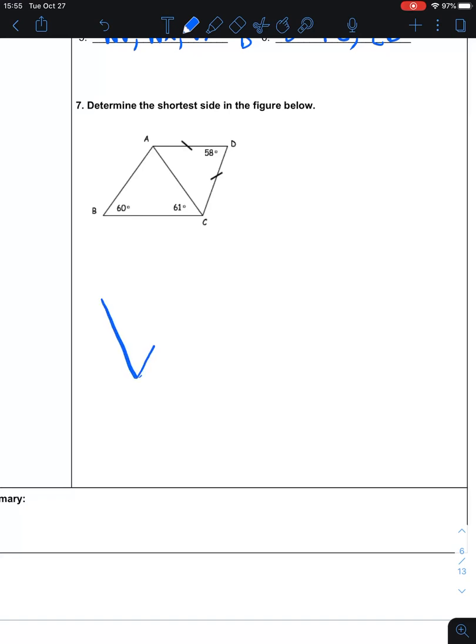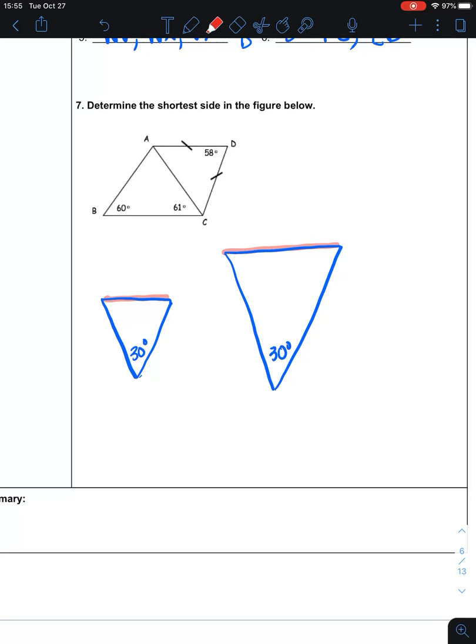Now, one of the things you need to realize is, just take a step back. I can have a 30-degree angle right here, and this 30-degree angle has this side across from it. But if I were to take that same angle, so say this is 30 degrees also, it is very obvious because of the size of the triangle and the length of these other two sides that this side is shorter than this side.